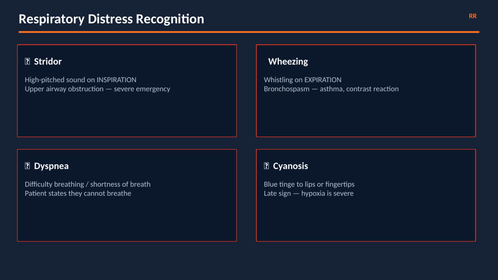Call for help. Apply supplemental oxygen only with a physician order. Do not leave the patient alone. Causes in the imaging suite include contrast reaction, pulmonary embolism, asthma exacerbation, and anxiety-driven hyperventilation. Your job is to recognize and escalate, not to diagnose.